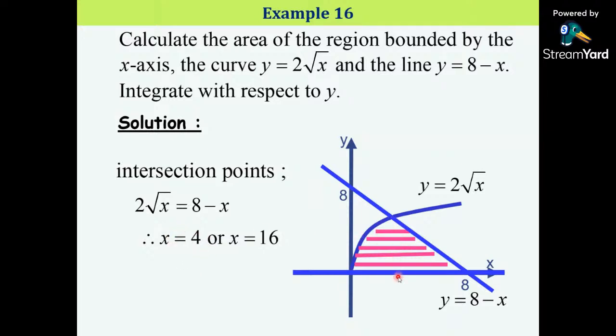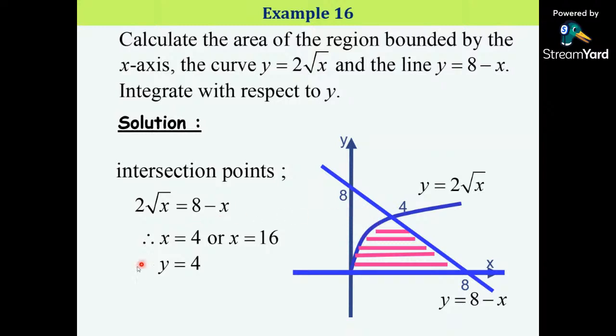But we need to find the y intersection. So if we try to substitute y inside any of one of the function, we will get 4. Okay, so gantikan 4 kat sini. So jadi 2 kan, 2 kali 2, 4. So kita dah dapat lah intersection point di sini.